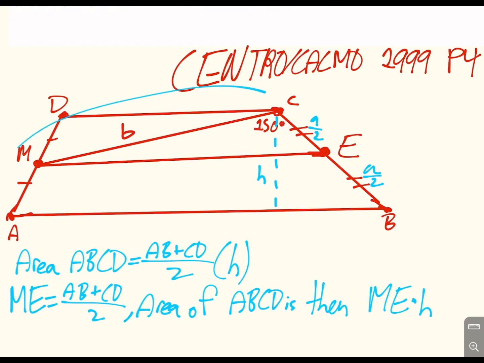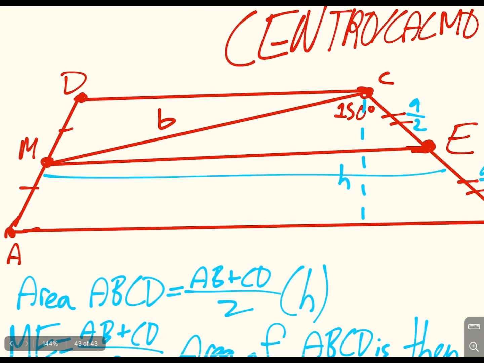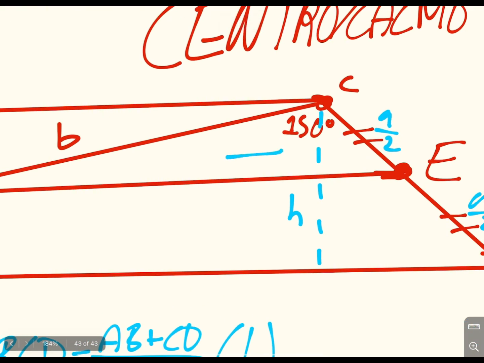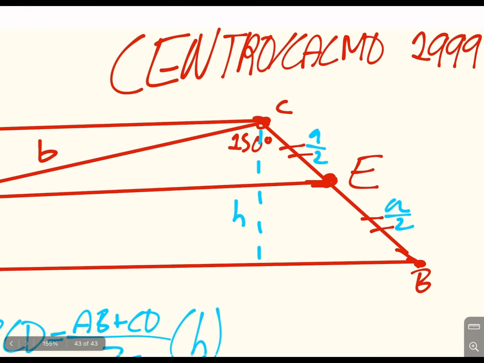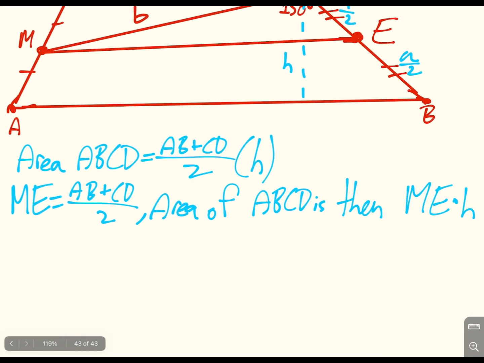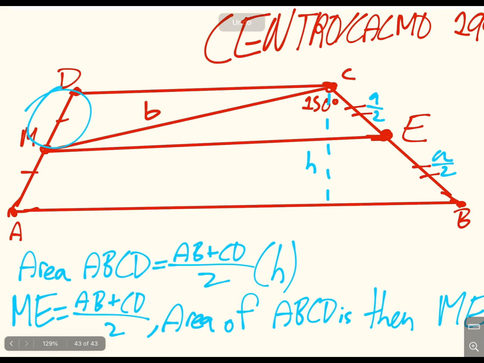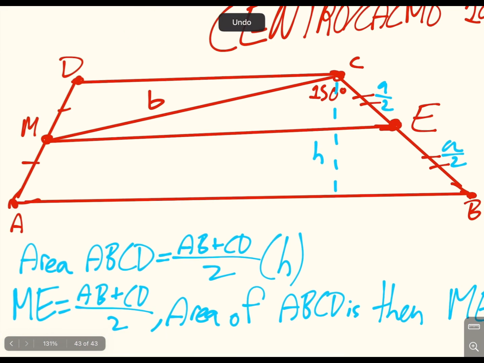So let's find the area of triangle CME, which is base times height over 2, with the base being ME and the height being H over 2, because this whole thing is H, and since ME is the midline of the trapezoid, we're only going to use this part of H, which is just half of H, because this is half of DA, this is half of CB, so then this is half of the height.